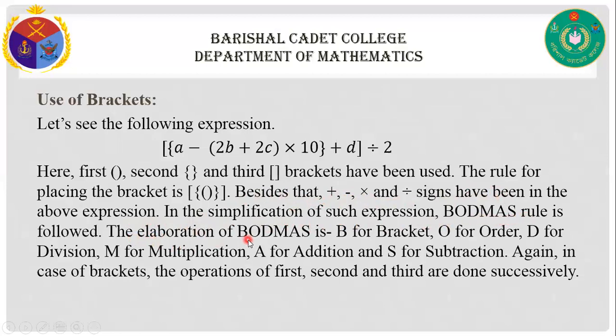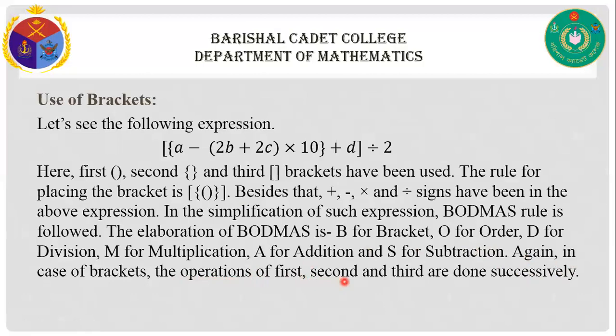The elaboration of BODMAS is B for bracket, O for order, D for division, M for multiplication, A for addition, and S for subtraction. In case of brackets, the operations of first, second, and third bracket are done successively.